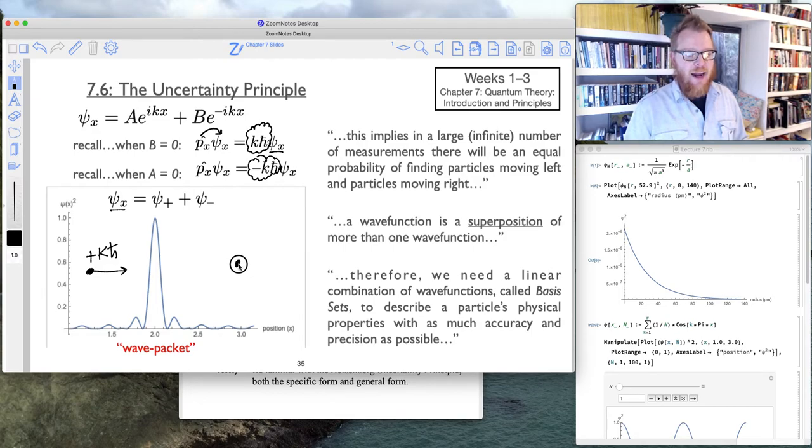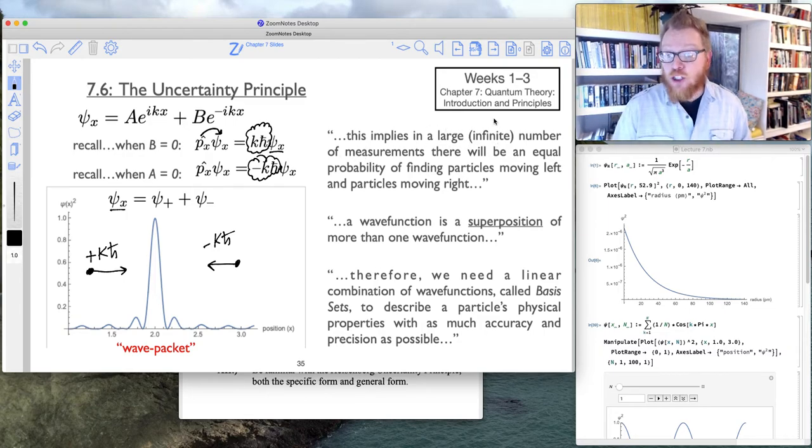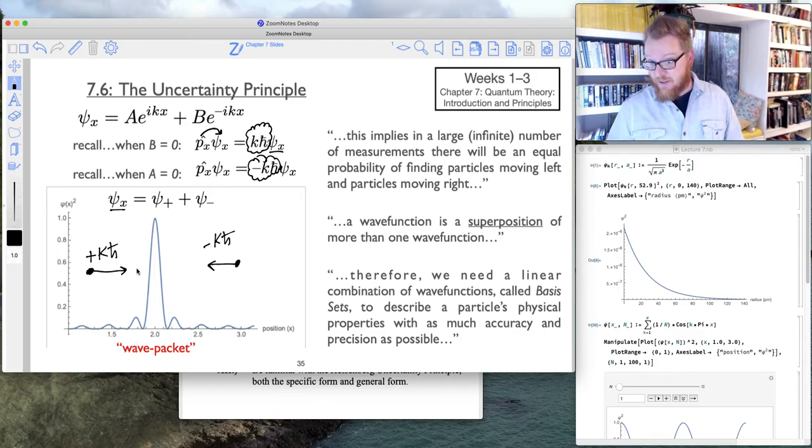And we could view that as a particle moving to the left in our 1D Cartesian coordinate scheme, okay? And so the physical implication of this is, in a large number of measurements, there will be an equal probability of finding particles moving to the left with this negative k h bar momentum state, and particles moving to the right with this positive k h bar momentum state, okay?